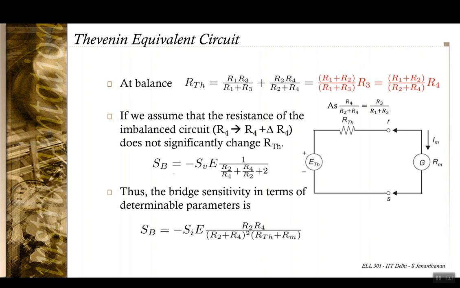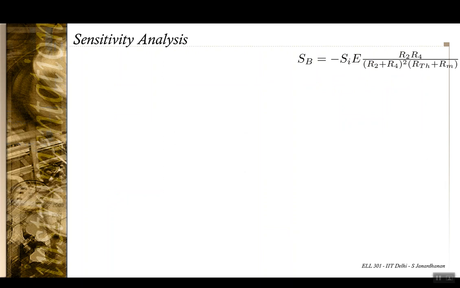We can substitute the voltage sensitivity as SI by RTH plus Rm, and you'll get this expression. So you have the bridge sensitivity in terms of the current sensitivity of the galvanometer, the Thevenin resistance, the meter resistance, and the other resistances together.